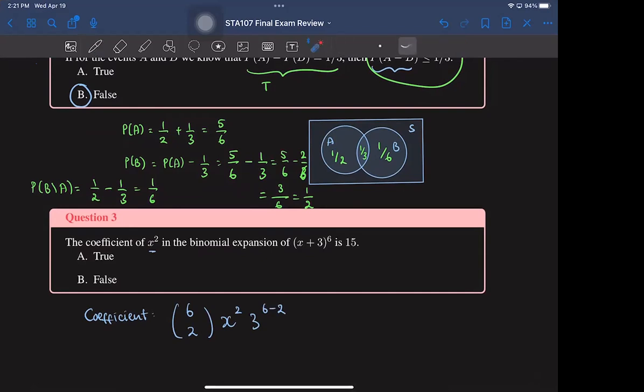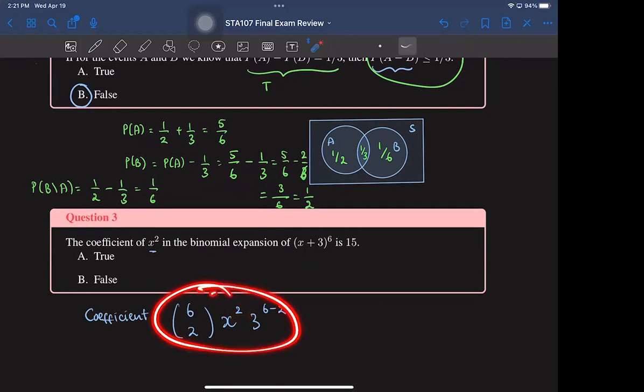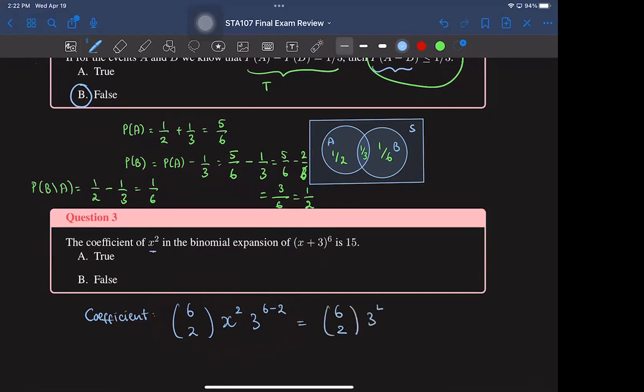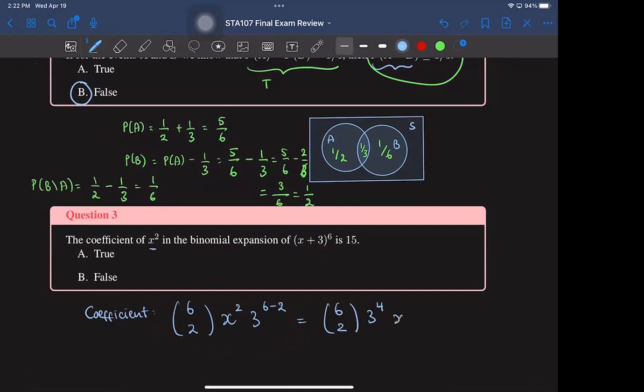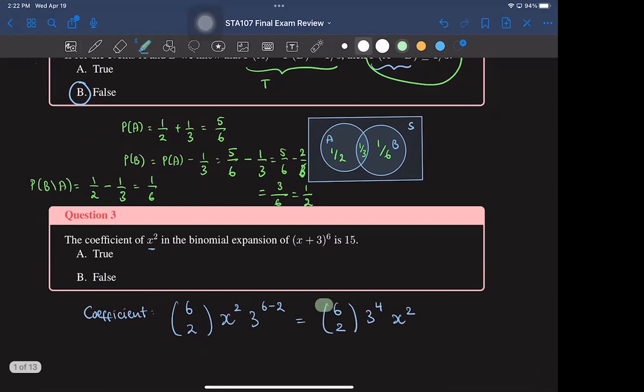When you expand (x plus 3) to the power of 6 and you want the exponent of x equal to 2, it has to be this expression, which means the coefficient is 6 choose 2 multiplied by 3 to the power of 4, and multiplied by x squared. The first part we call the coefficient of x squared.